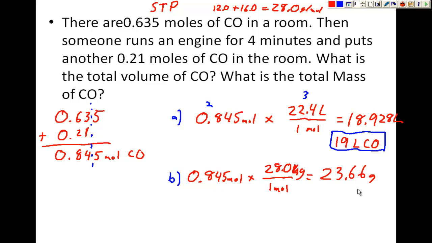I just want to make sure that my final number is more accurate. I'm multiplying here, so I use the multiply divide rule. And I realize that 23.66 is going to round to 24 grams of carbon monoxide.